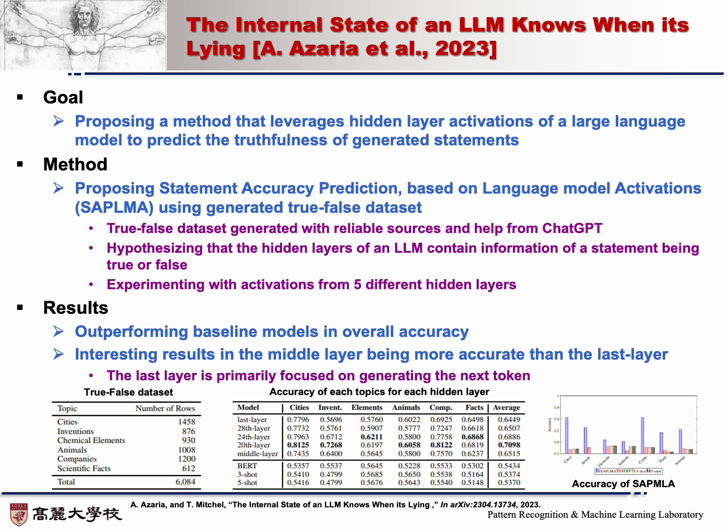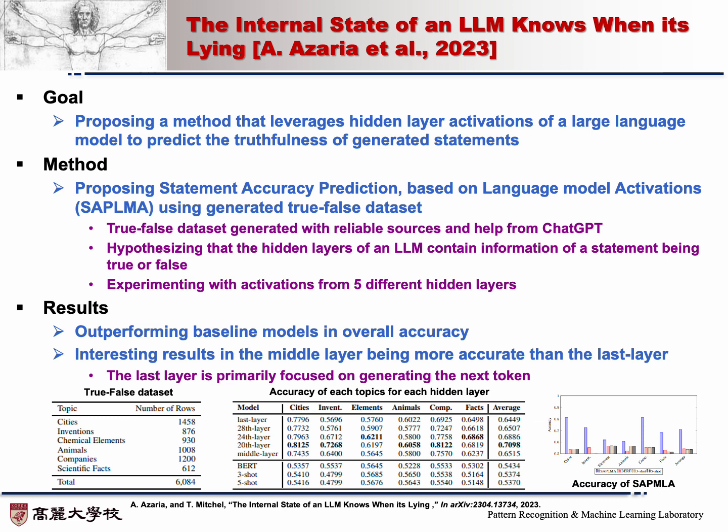SAPLMA not only outperformed baseline models in accuracy, but showed intriguing patterns where the middle layers surprisingly were more accurate than the last layer, which was mainly tasked with generating the next token. So the last layer was not the one with the most information, but rather it was only focusing on generating the token right after.